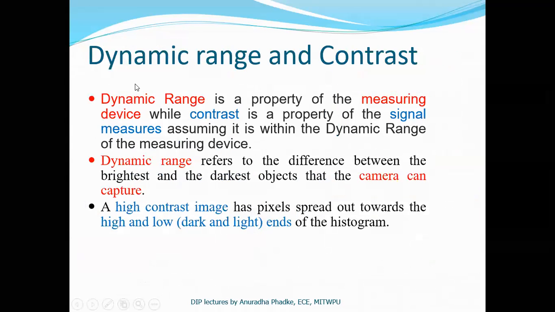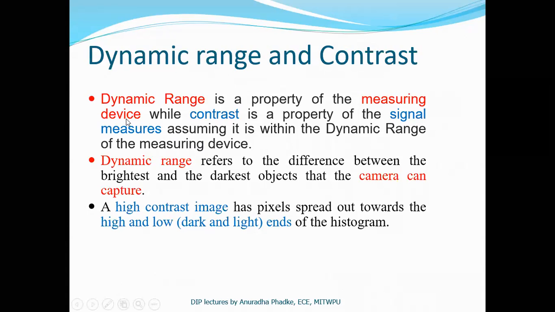Now let us have a look at what we mean by dynamic range and contrast of the image, and how the histogram is useful to tell about the contrast of the image. As the name indicates, dynamic range is basically a property of the measuring device.